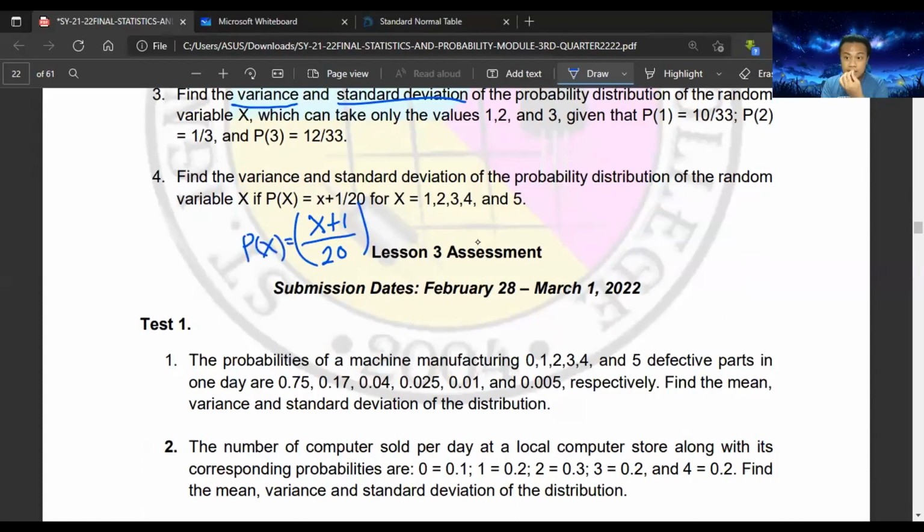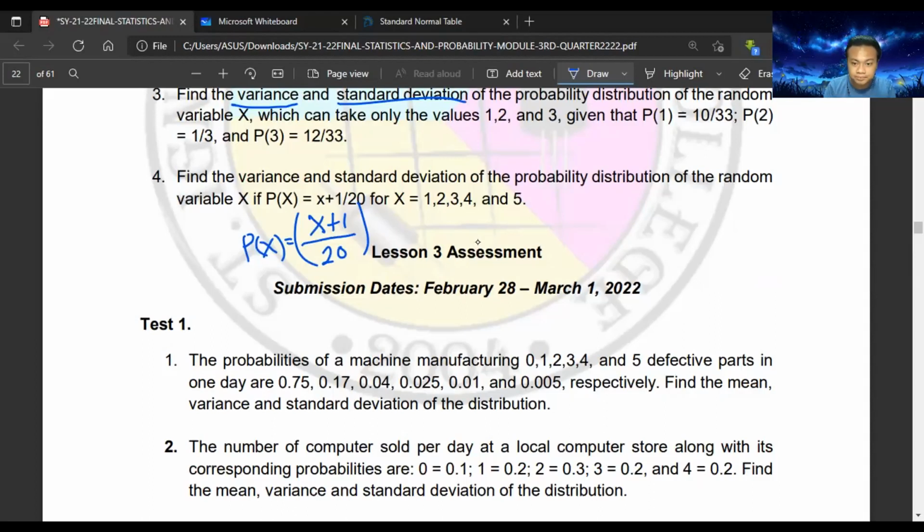So this is the formula. You have to substitute 1 here for x to get the first term, and also 2 to get the second term. Substitute 3 to get the third term, 4 for the fourth, and then 5.